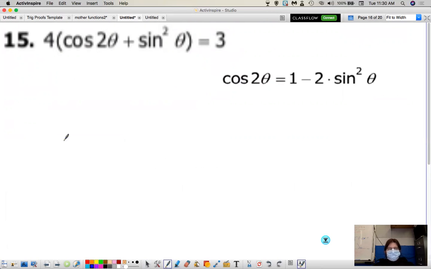Let's rewrite it. Instead of cosine of 2 theta, I'm going to write this. Combine my like terms.